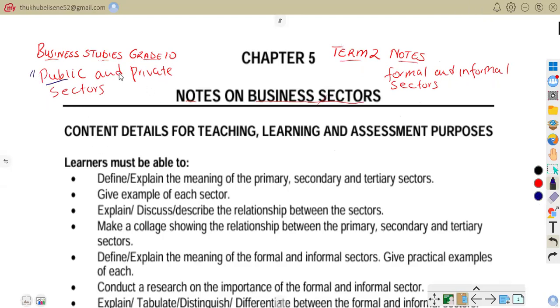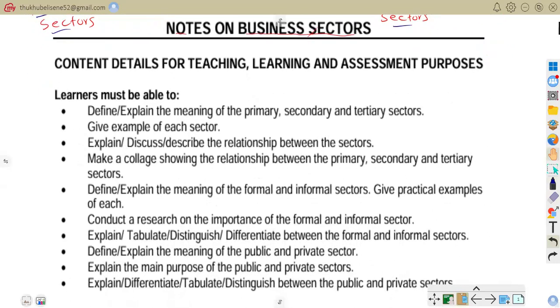In this presentation, learners must be able to define or explain the meaning of formal and informal sectors and give practical examples of each.